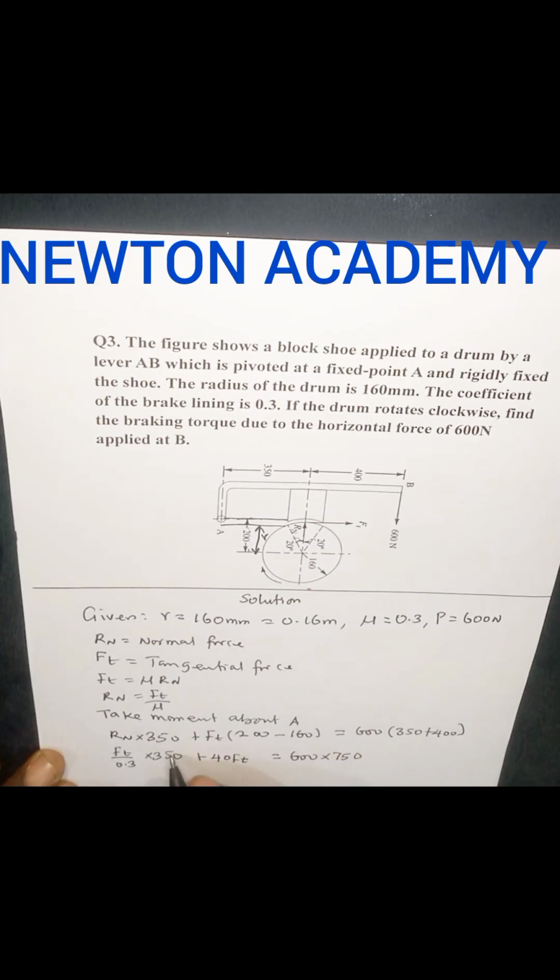Then 350 divided by 0.3 plus 40 will give us 207 Ft is equal to, when we multiply 600 by 750, it will give us 450,000.